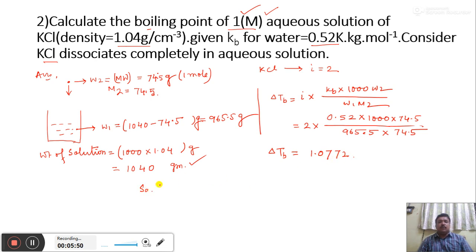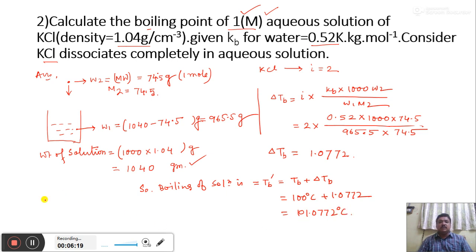So the boiling point of solution is T'b is equal to Tb plus del Tb. Boiling point of water is 100 degrees centigrade plus 1.0772. So the value is 101.0772 degrees centigrade.